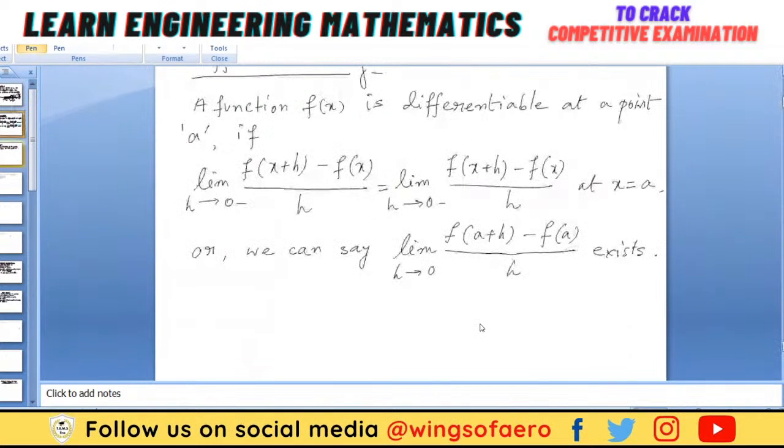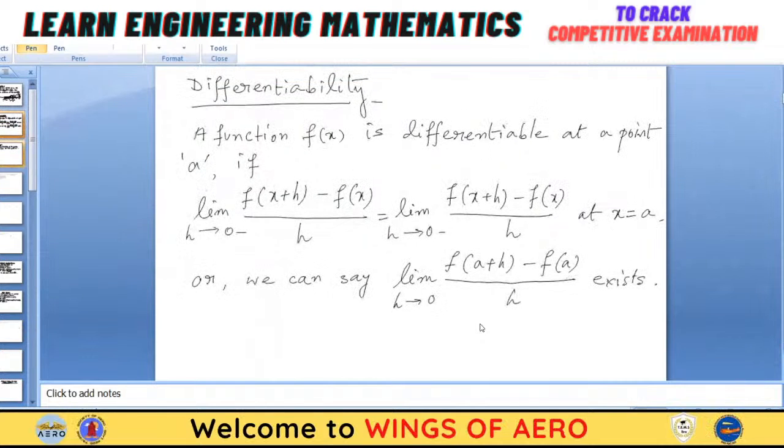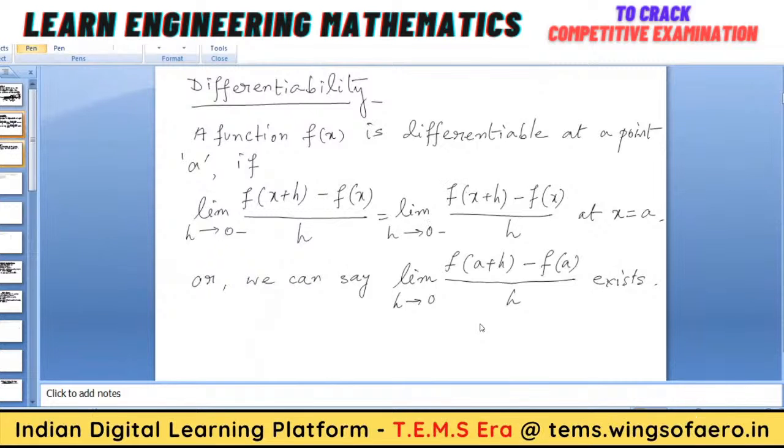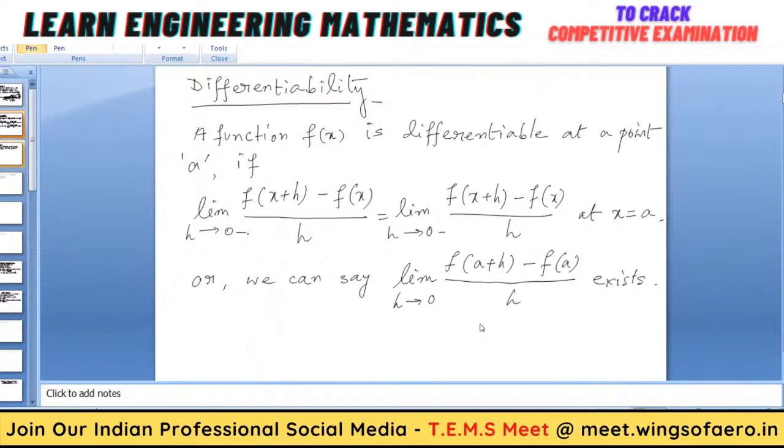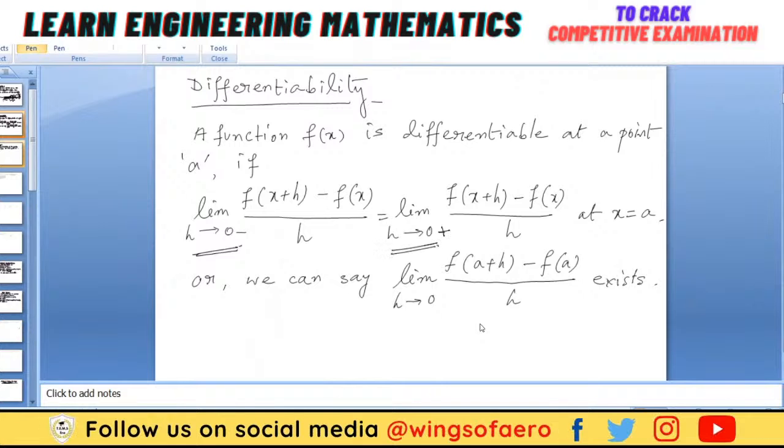Next, what we left in the last class is differentiability. This is the definition of differentiability: limit h tends to 0 minus, where 0 minus means the left hand limit, and h tends to 0 plus is the right hand limit.